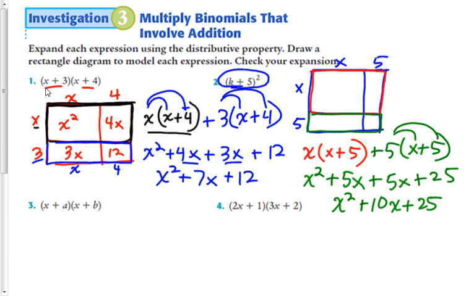Notice that from my original expression right here, I'm multiplying x plus 3, and that x plus 3 is right here. And I'm multiplying each of those parts of this times x plus 4. So let's go ahead and try that again on the next page.